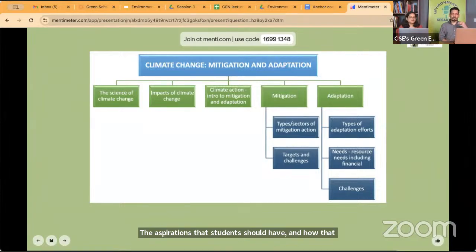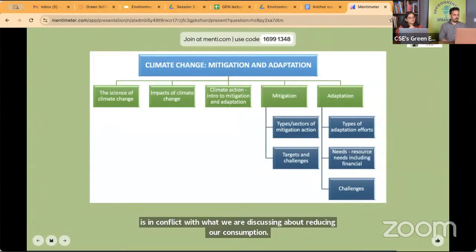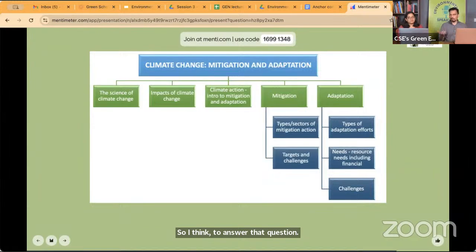So I think to answer that question, aspirations do not always have to be individualistic, but I guess it's a business school, so I understand that that has to be a part of your discussion. But let's say, for example, when you talk about showing them the aspiration of buying a car, it can also be tempered with realities, or with what is coming ahead.